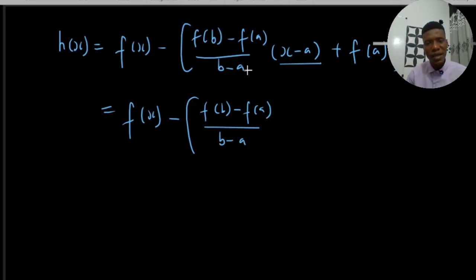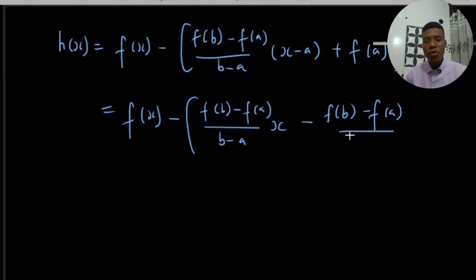If you open this bracket, this will be times x, minus, if you use a to multiply this, you get f of b minus f of a over b minus a times a, then plus f of a.